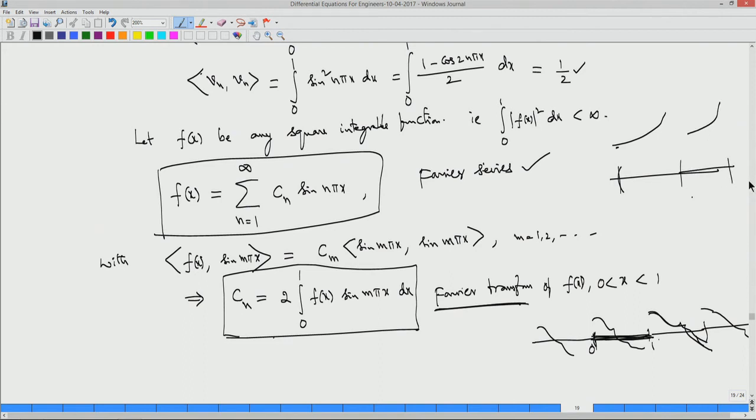Such a function between 0 to 1, which is e power x, you can write in terms of Cn sin n pi x, where Cn's are the integral of e power x into sin n pi x dx. Because this is n, it should be n. This is for n from 1 to infinity, and so on.